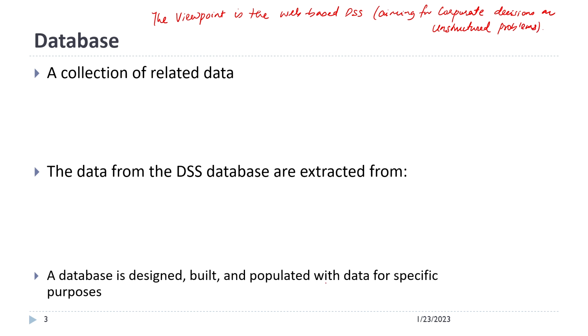Okay. So, we already mentioned earlier, remember we talked about unstructured, structured, semi-structured problems, but here the focus for us is the unstructured problems and how the decision support system is supposed to help.